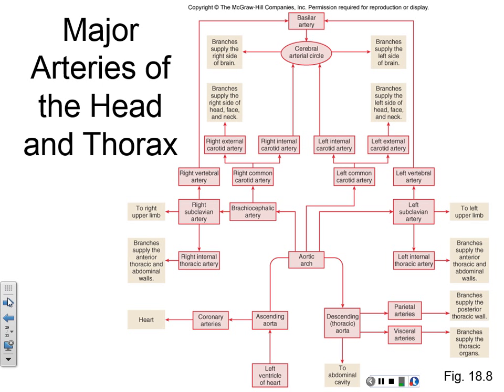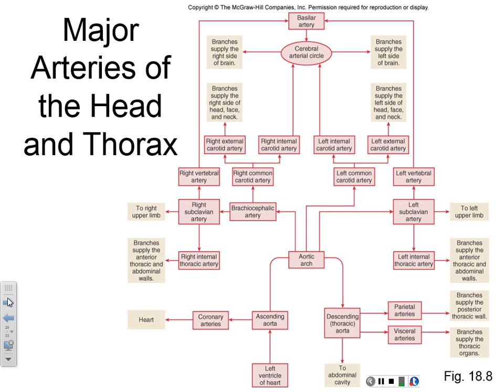And this is what I was talking about. From the aortic arch, you get that branch into the brachiocephalic on the right side, and the right subclavian, and then the right common carotid. And then the right common carotid splits into the internal and external. And then the internal will meet up here to form the circle of Willis with the posterior cerebral and anterior cerebral arteries.